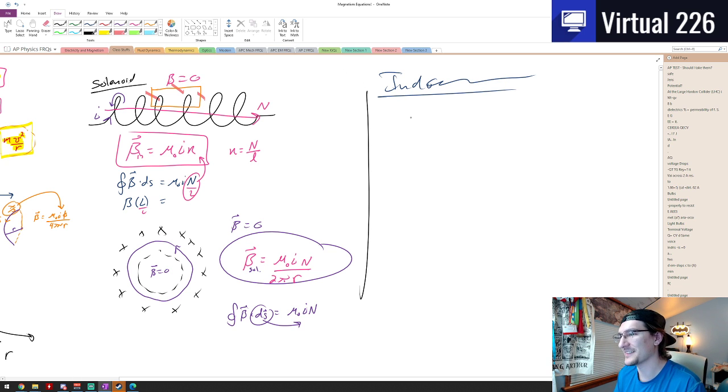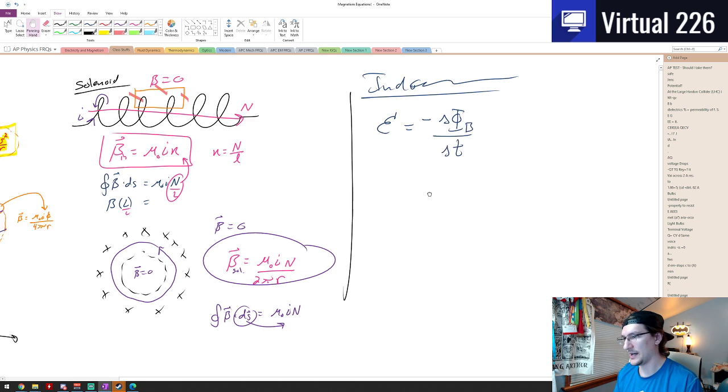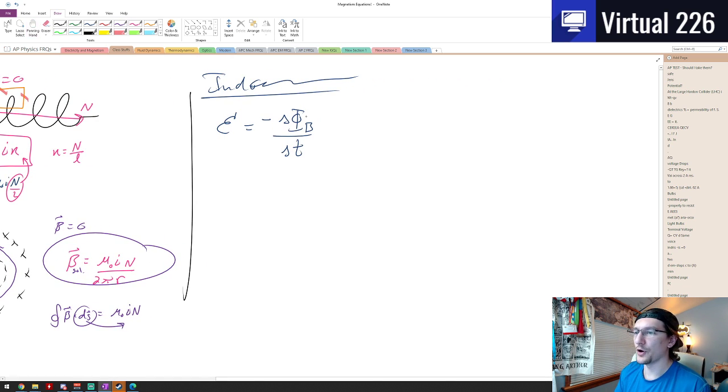You know for inductance that the EMF you're going to generate is equal to the opposite of the changing amount of magnetic flux in some amount of time. And you know this flux can be thought of as the B field dotted with an area vector, so that's BA cosine theta.